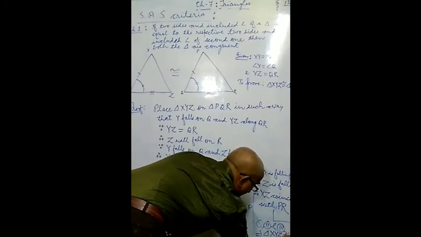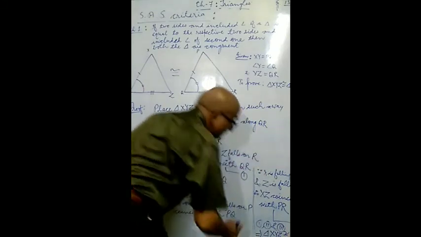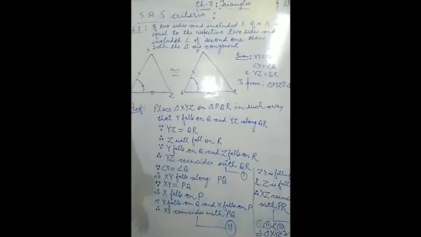This one is the side angle side criterion of two triangles. When two sides are equal to two sides of the second triangle and the included angle is also equal to the included angle of the second triangle, then both the triangles are congruent. This one is proved by the argument and reasoning method.